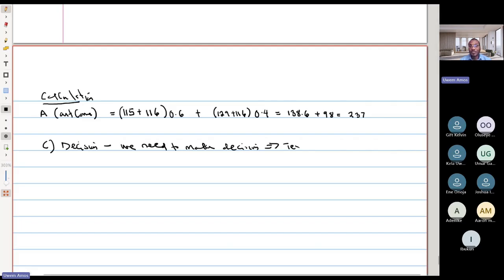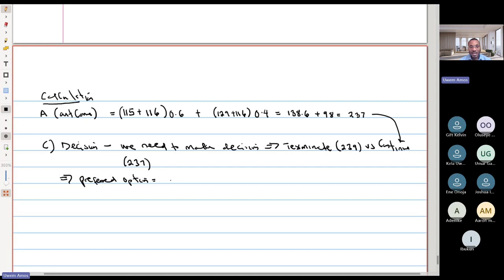Do we terminate? If we terminate, the value is 239, versus do we continue, which is point A, where the value is 237. So clearly, the preferred option for C is to terminate, because 239 is the higher value. Okay, that's points A and C.